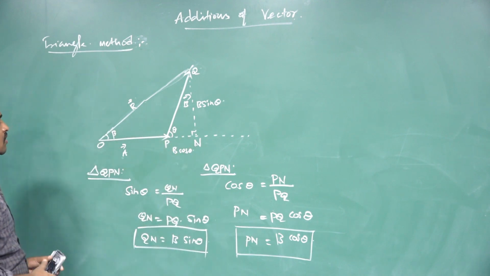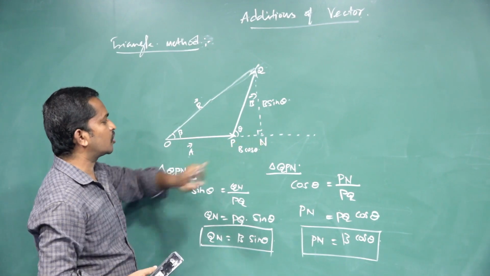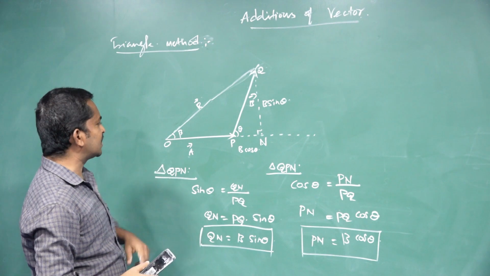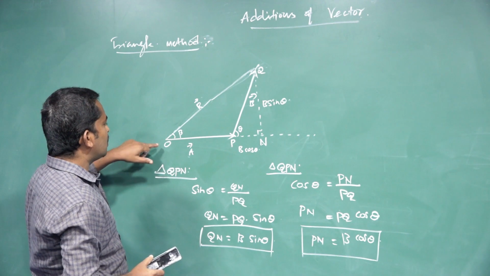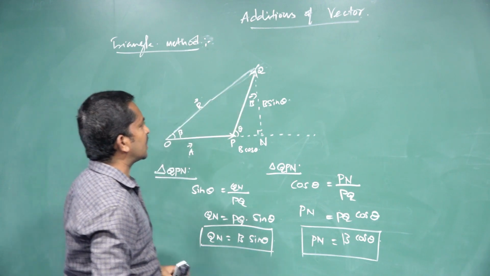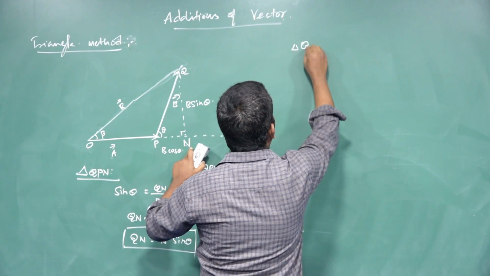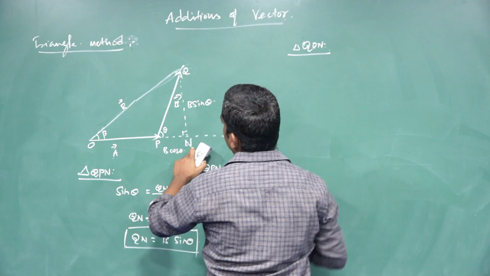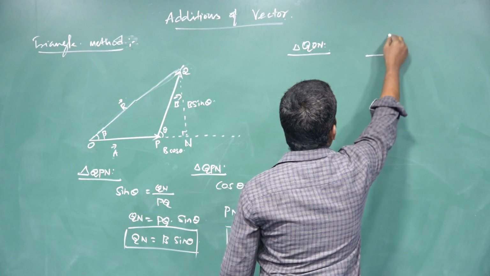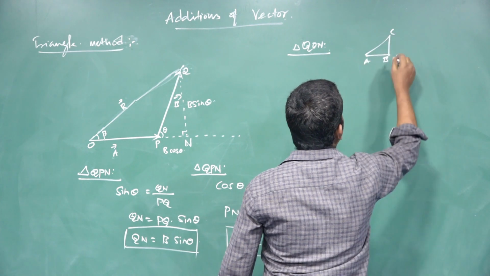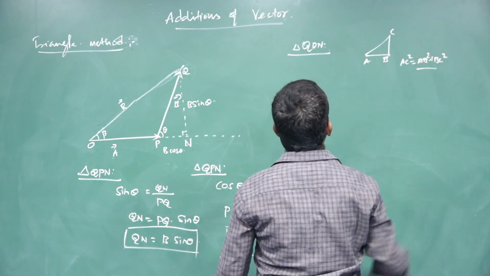Now I want to calculate the resultant vector, using triangle QON. OQ is the resultant vector. In triangle ABC, AC square is equal to AB square plus BC square, the Pythagoras theorem.